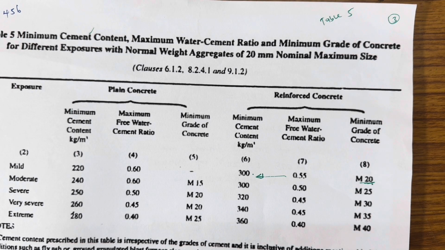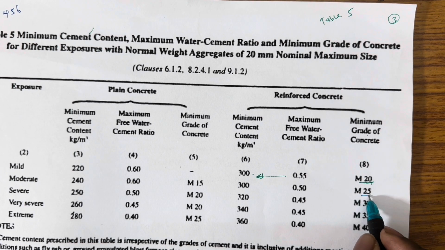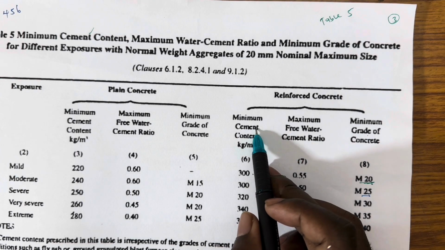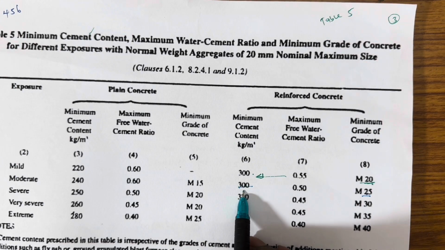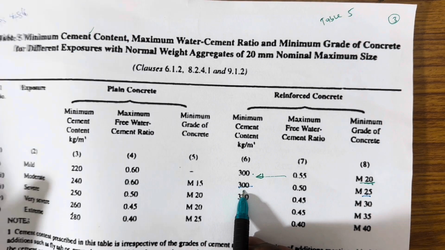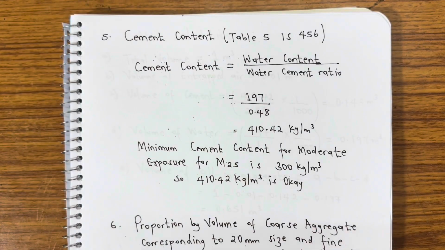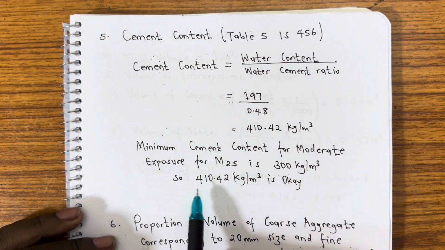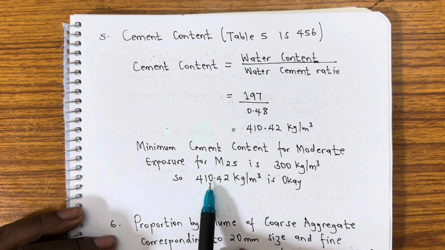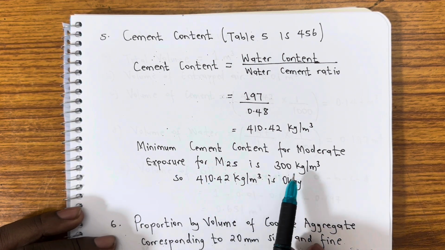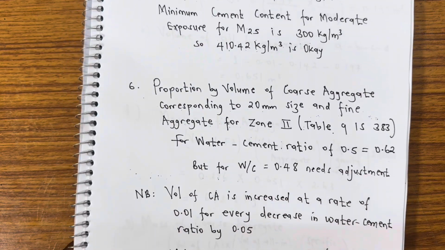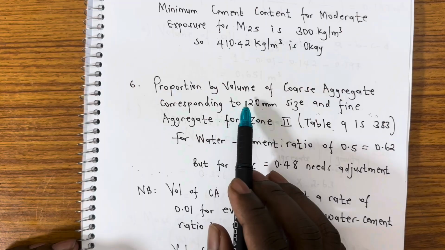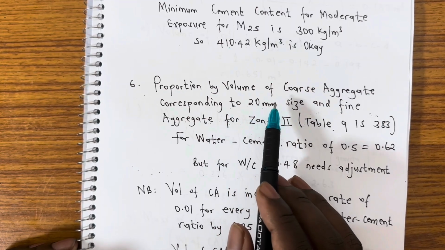You realize that this is grade M25, and under minimum cement content, we're taking 300. So read it carefully: grade M25, cement content minimum is 300. Then this 410.42 that we have obtained is greater than this. It's okay. The next step is proportion by volume of coarse aggregate.